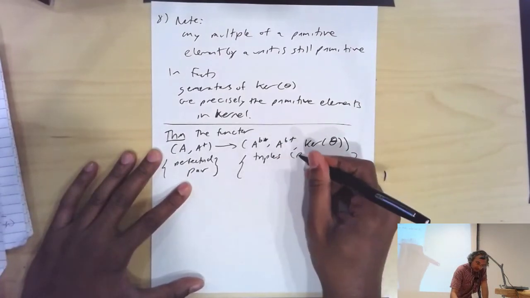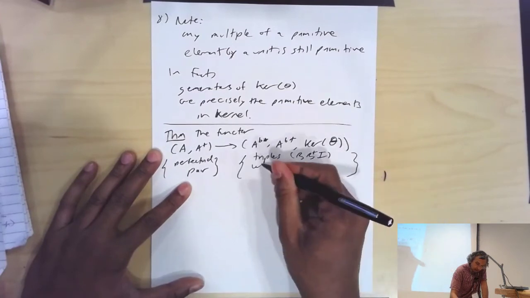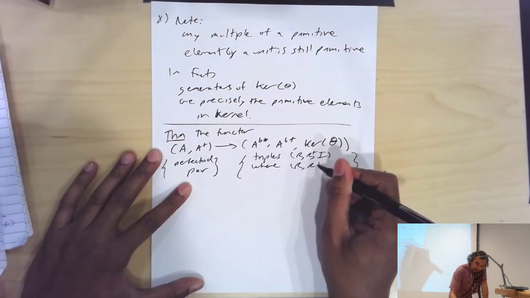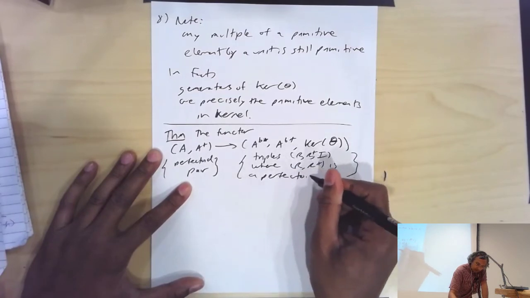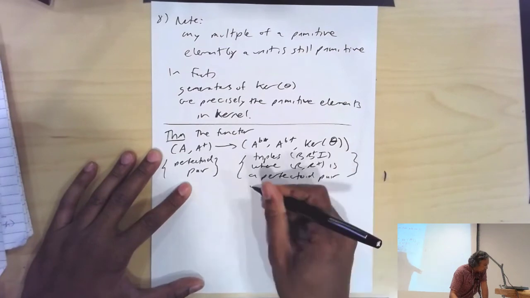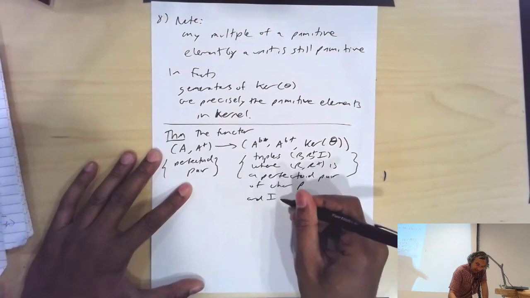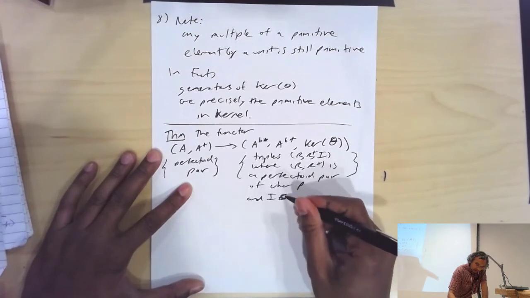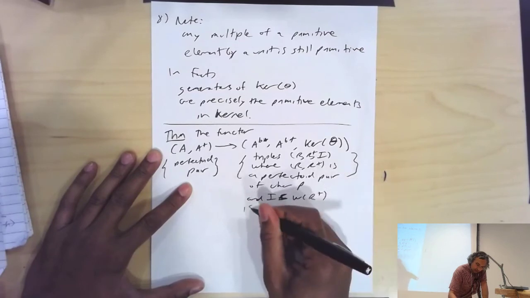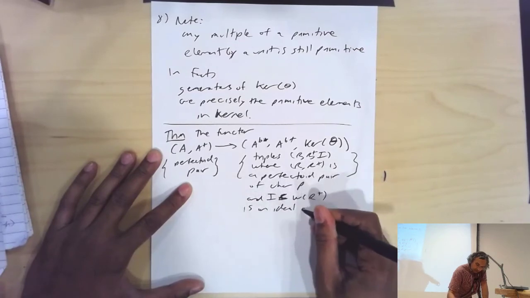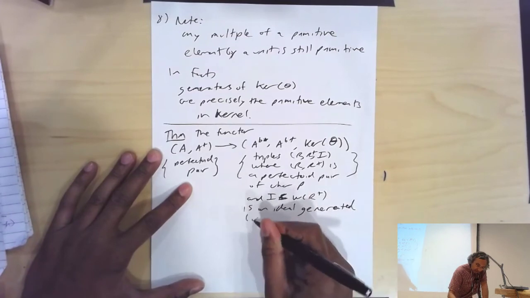So this is an object of the category of triples (R plus, I) where R plus is a perfectoid pair of characteristic p, and I is an ideal of the Witt vectors of R plus, which is generated by some primitive element.